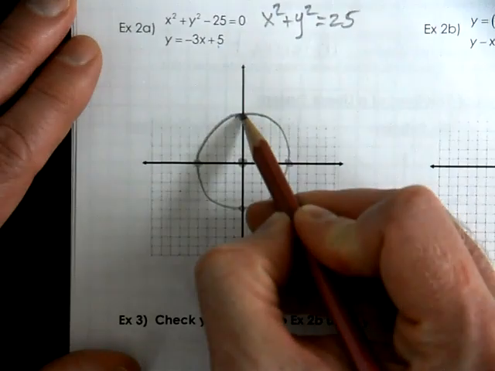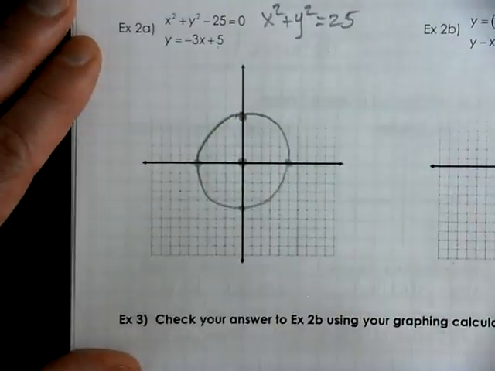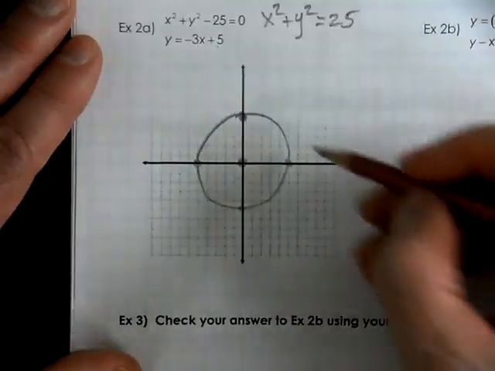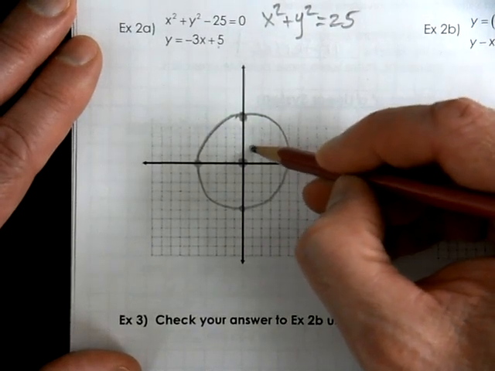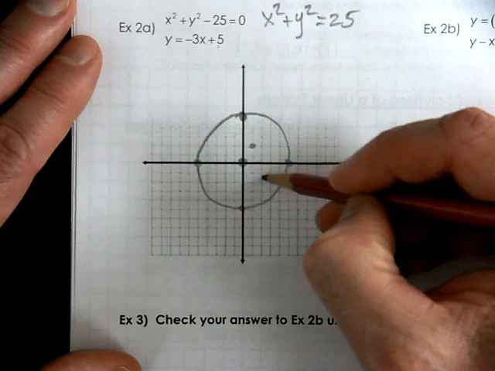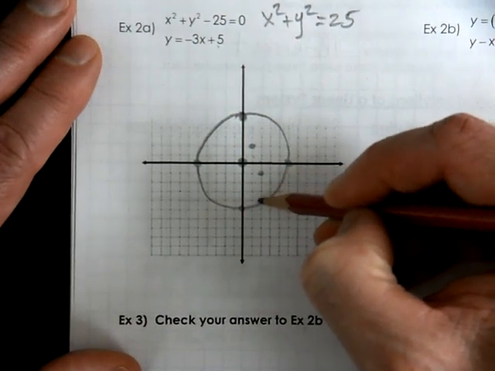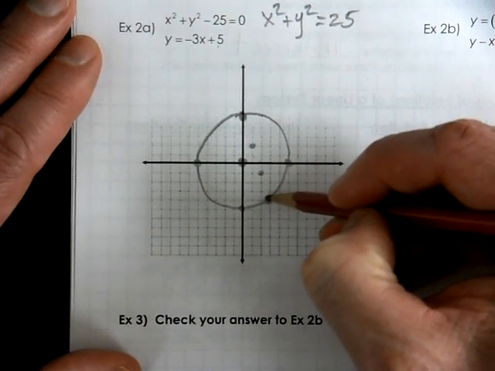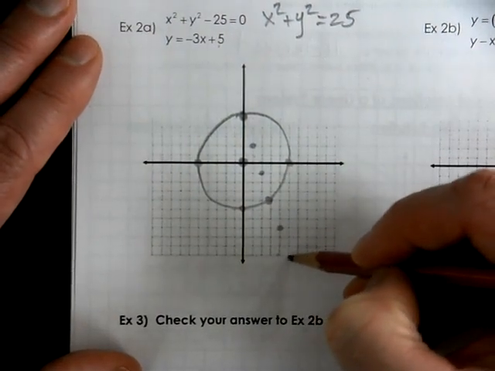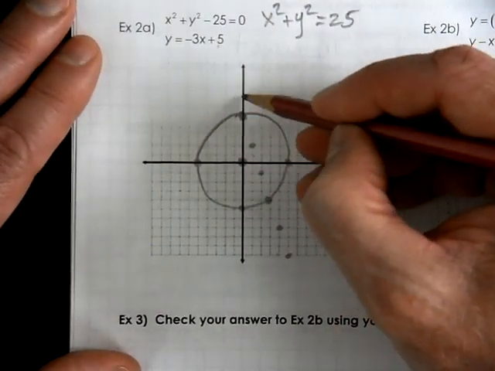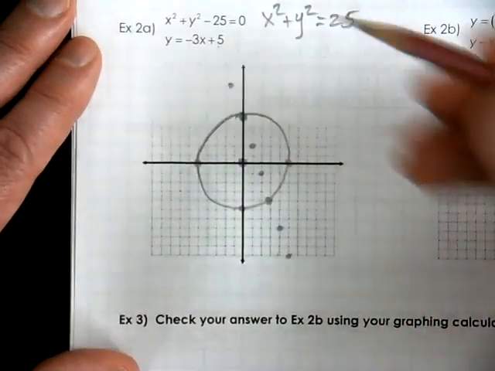So we have our y-intercept at 5, and then we do a slope of negative 3. Down 3 over 1, down 3 over 1, down 3 over 1. You might even be able to go up 3 and negative 1.